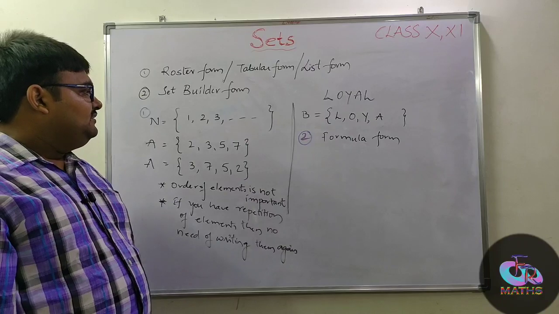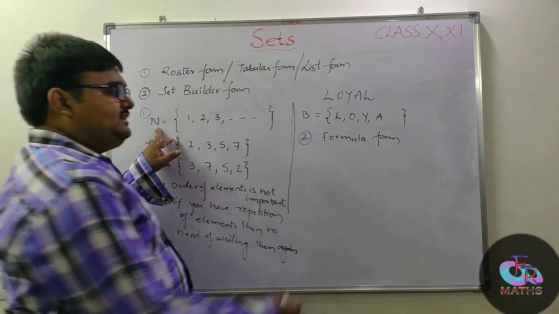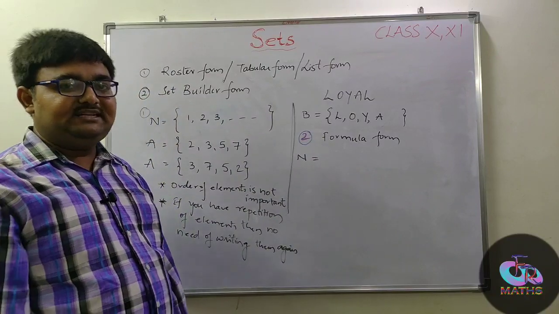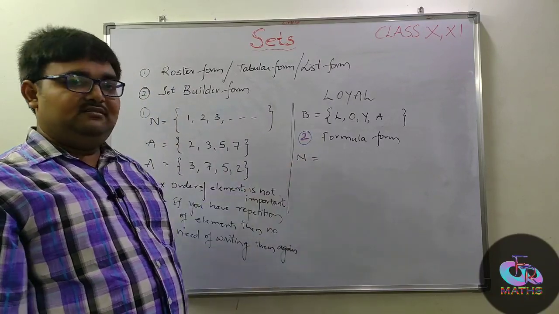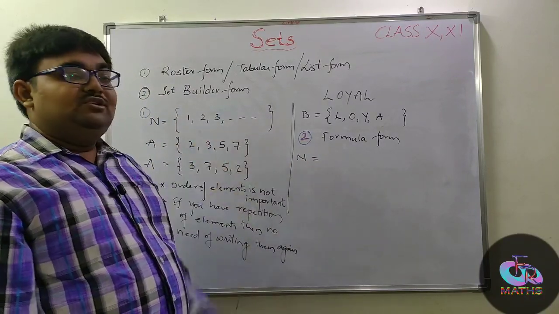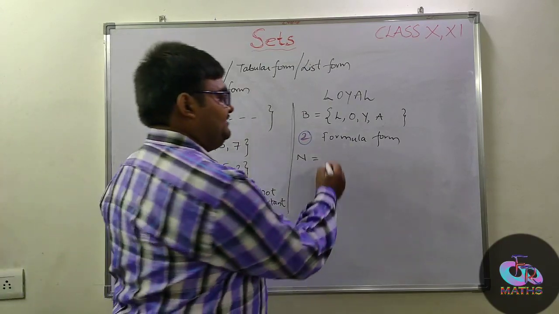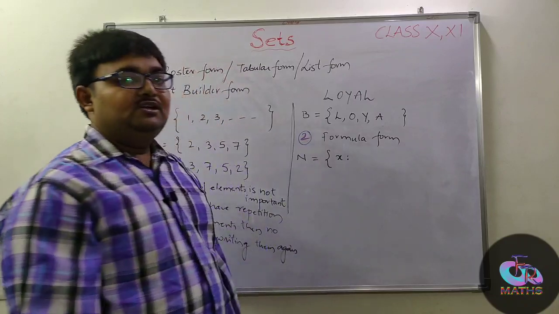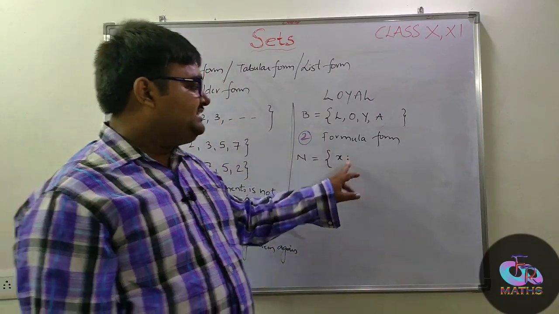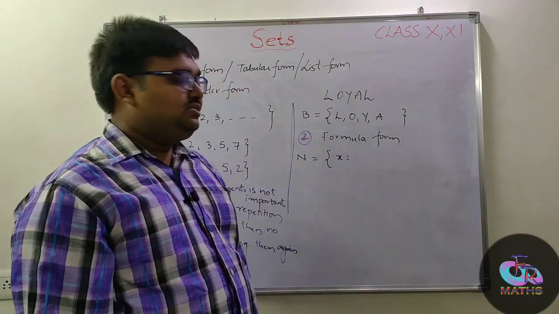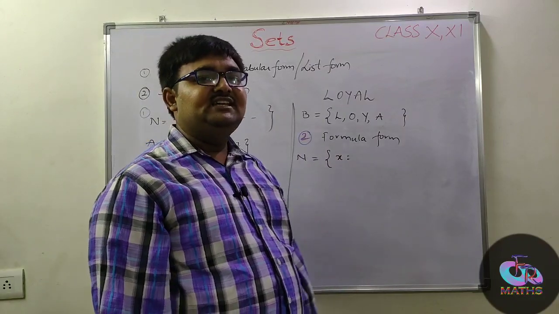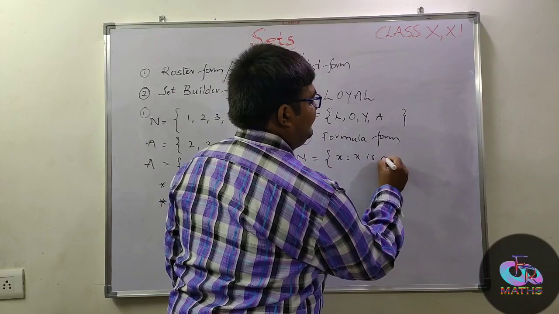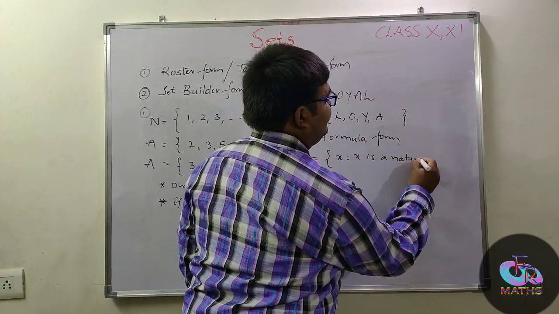So let us see. If you are considering the natural number set N, and you want to represent it, N is represented in set builder form as x such that. These two dots represent such that. So we need to read these two dots as such that. So x such that x is a natural number.